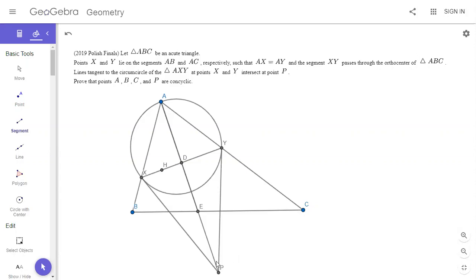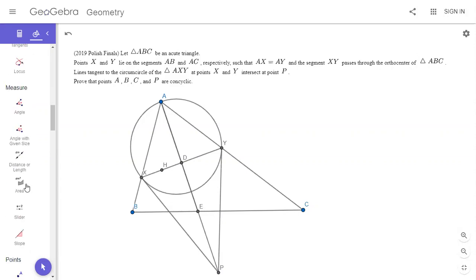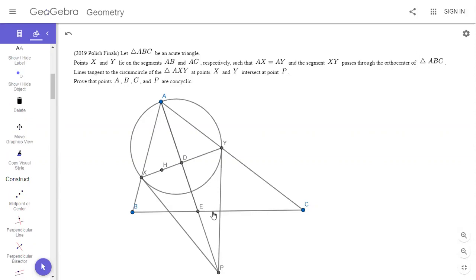Let's see. This looks a lot like, do you guys know the property where if you take the midpoint of BC and you take the two tangents to... So I'm going to draw the perpendiculars from H to AB, AC, and BC.